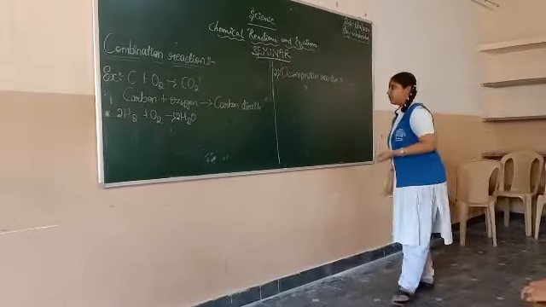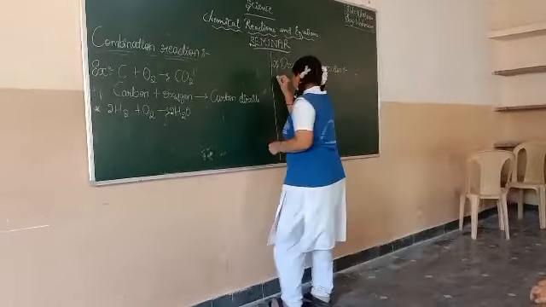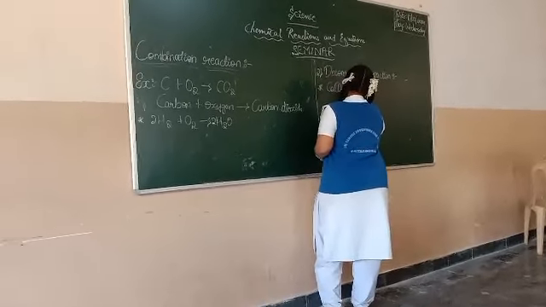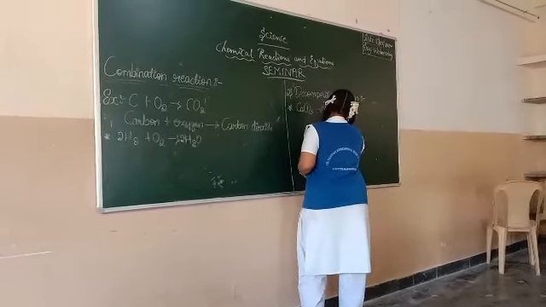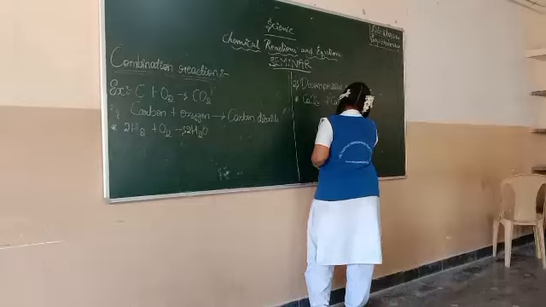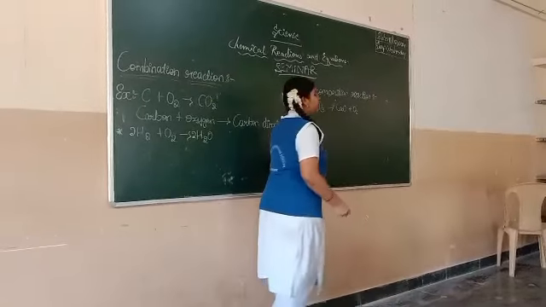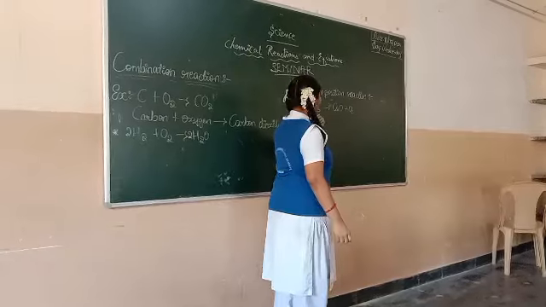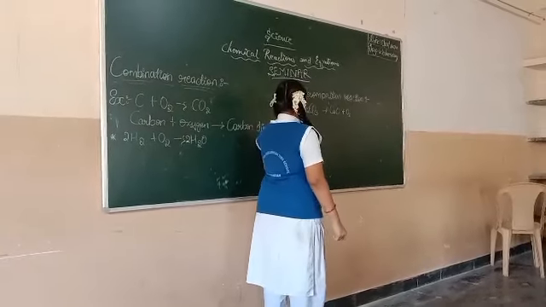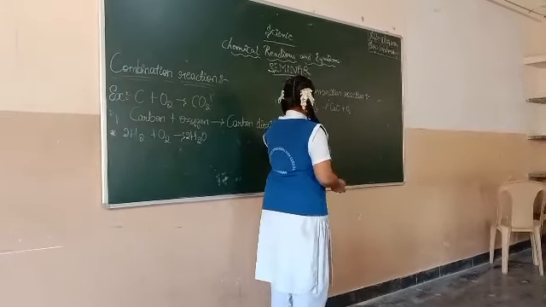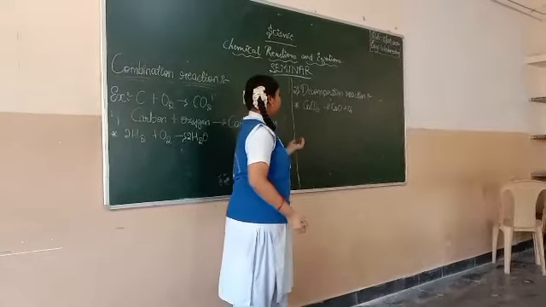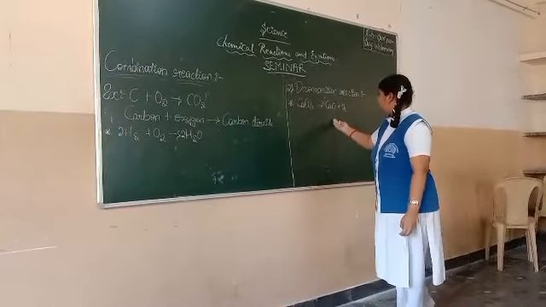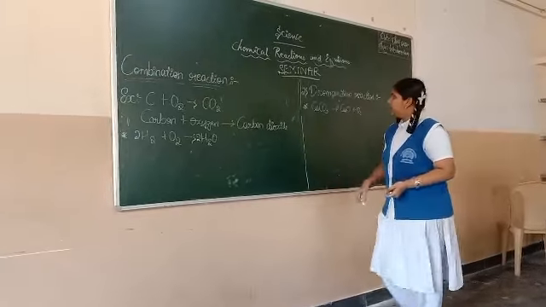Let me tell you an example: CaCO3 gives rise to CaO plus CO2. Here Ca means calcium, C means carbon and O means oxygen. Calcium carbonate splits down to give calcium oxide and carbon dioxide.